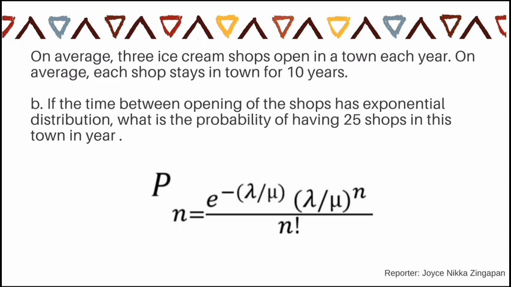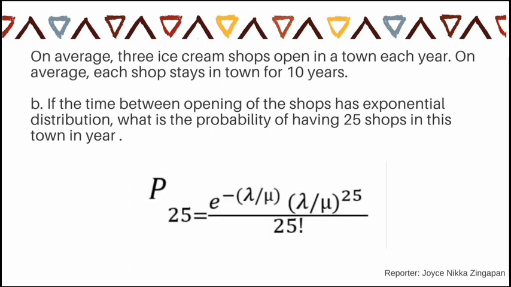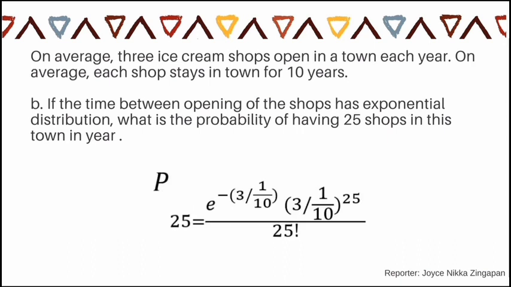So we have P sub n equal to e to the negative lambda over mu times lambda over mu raised to n over n factorial. Once again, let's substitute all the given values to the formula. n is equal to 25, lambda is 3 shops, and mu, once again, is the service rate over service time, which is 1 over 10.